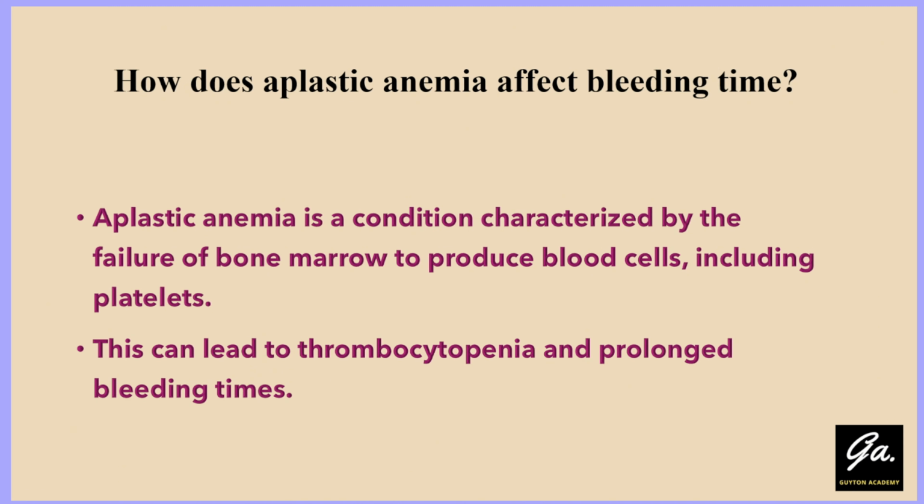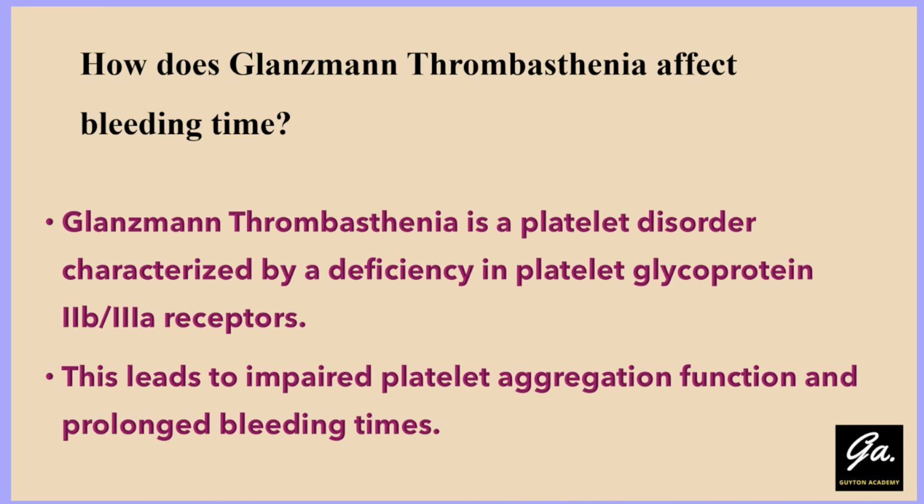How does aplastic anemia affect the bleeding time? Aplastic anemia is a condition characterized by the failure of bone marrow to produce blood cells, including platelets. So ultimately, this will lead to prolonged bleeding time. How does Glanzmann thrombasthenia affect the bleeding time?